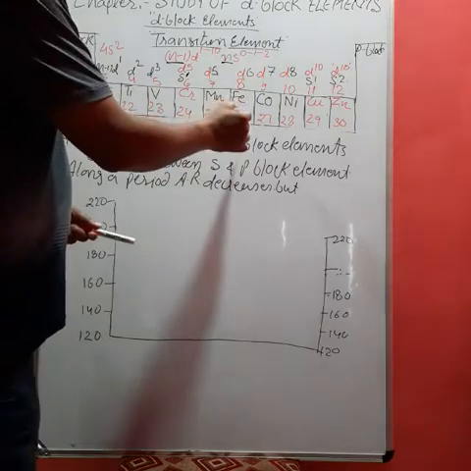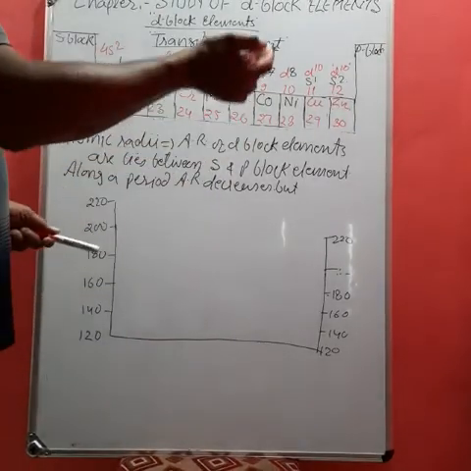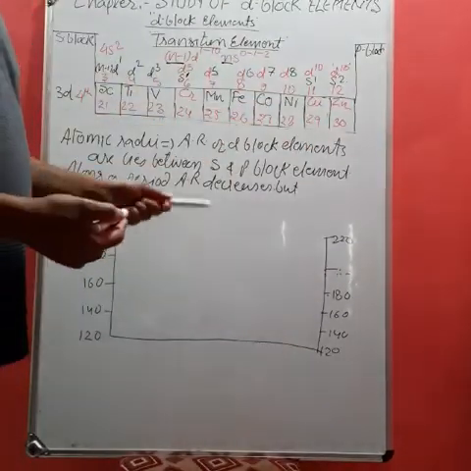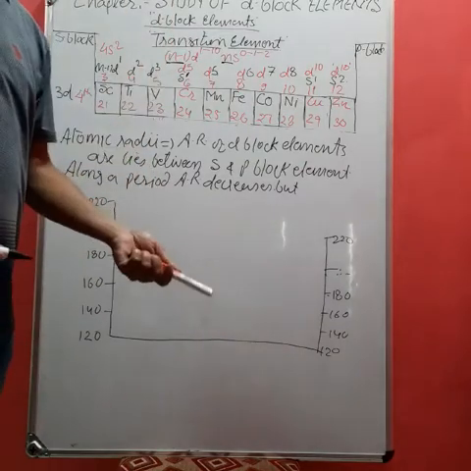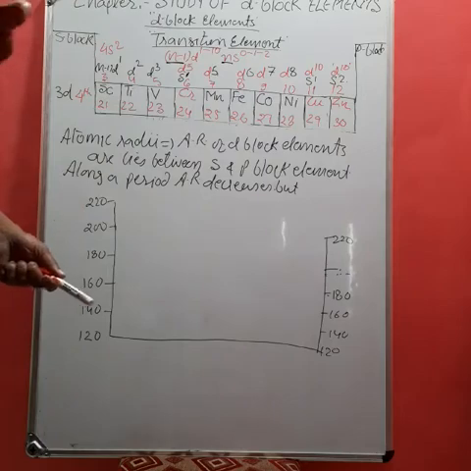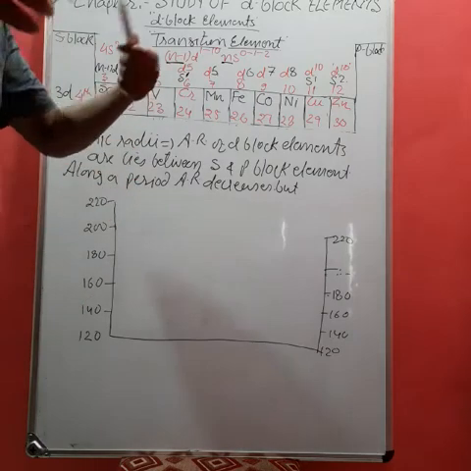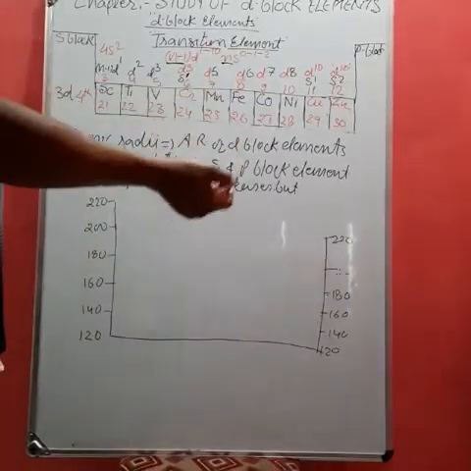Thus, although the nuclear attraction force increases, due to increase in electron repulsion due to fully filled orbitals, the atomic size will tend to increase. So the nuclear force of attraction tries to decrease the size, but electron repulsion tries to increase the size.